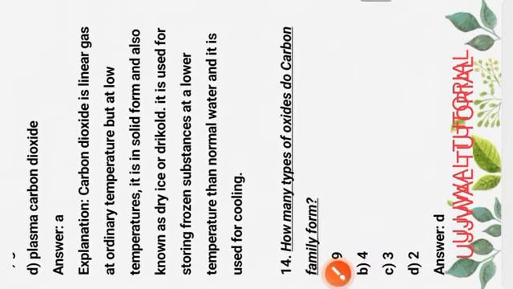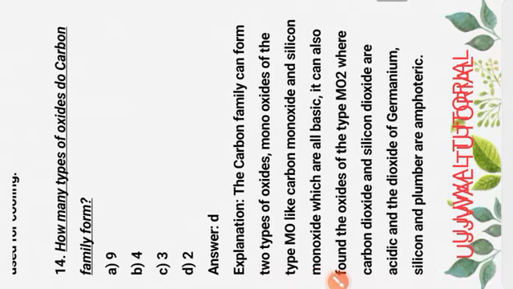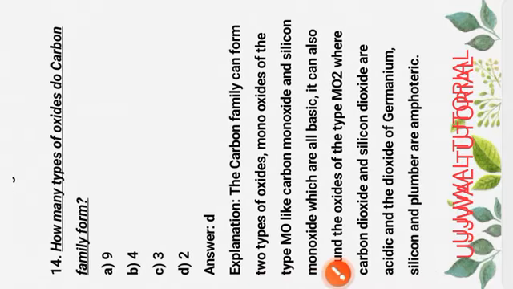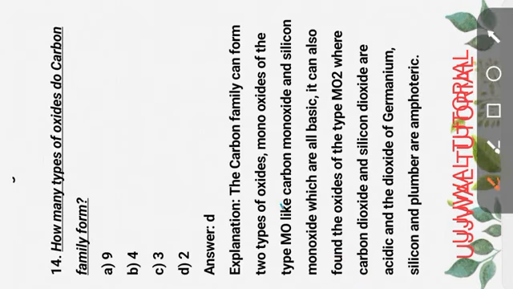Next question, question number 14. How many types of oxides does the carbon family form? Option D. The carbon family can form two types of oxides: monoxides of the type MO, like carbon monoxide and silicon monoxide, which are basic.